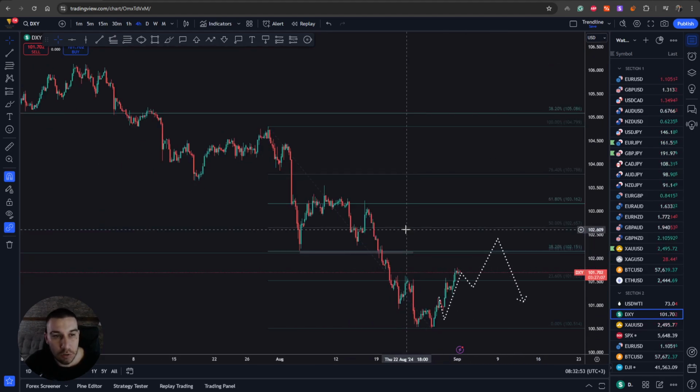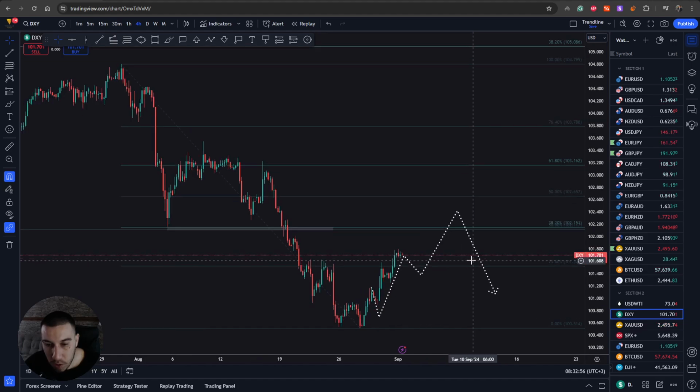Okay, now this is the 4-hour chart here. Well, we did say once we formed equal lows down here, we did say there's going to be a pullback. Now where is this pullback likely to end? Well, we've got the 38.2 level as our first target for this pullback, but we could really see price pushing slightly higher as well, maybe even test the 61.8 level where we've got even stronger structure.